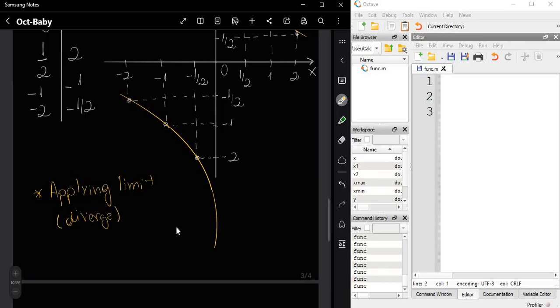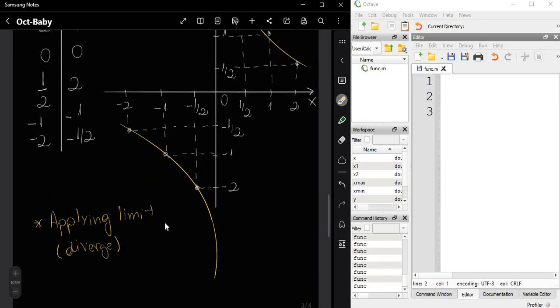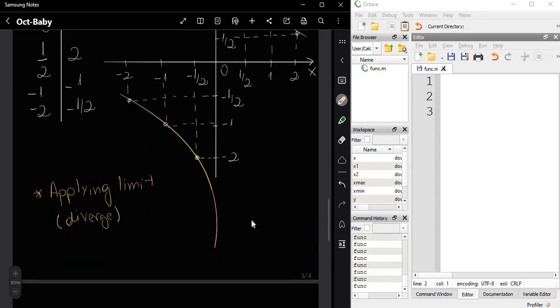As you can see, it never ends. We don't have a limit value, a finite value. Finite value is better, is best. So we don't have a finite value, and this is going to infinity.